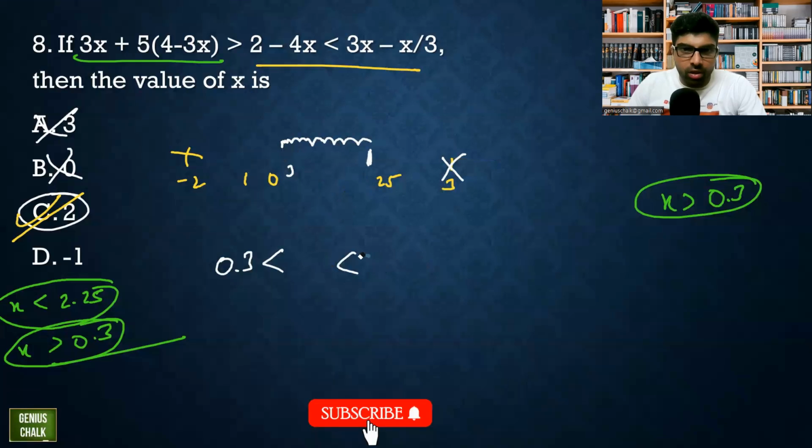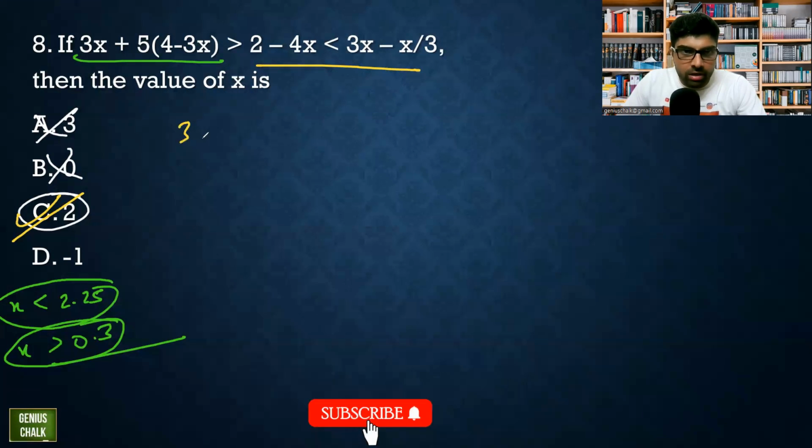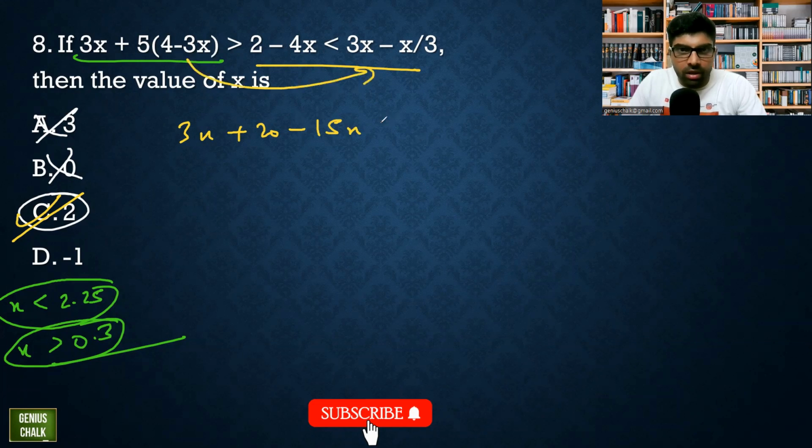If you solve first and third also, the range will come definitely in the same range. So I am solving it for you, but in the exam there is no need. If you are able to reject the options by taking just the first and the third, then there is nothing better than that. So this is 9x minus x by 3.